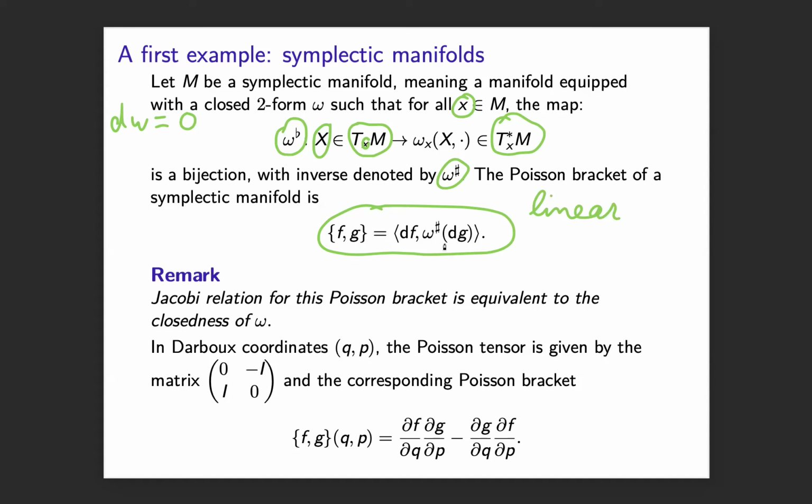So everything is linear, I mean bilinear, in this formula. It is antisymmetric because two-forms are antisymmetric. We also see that the Leibniz rule holds because of the de Rham differential in front of F and G. So this provides the Leibniz rule.